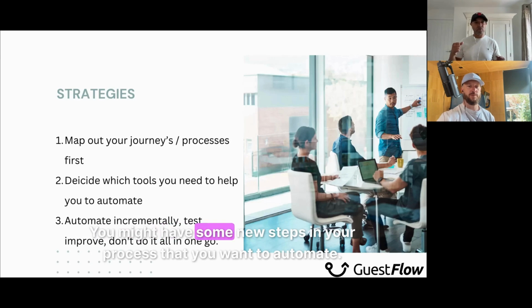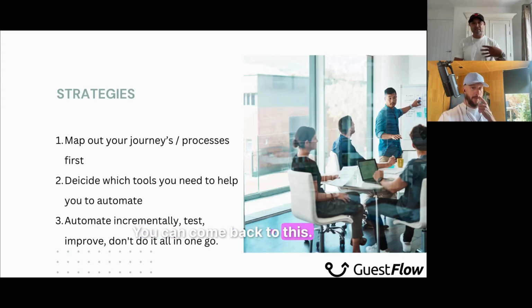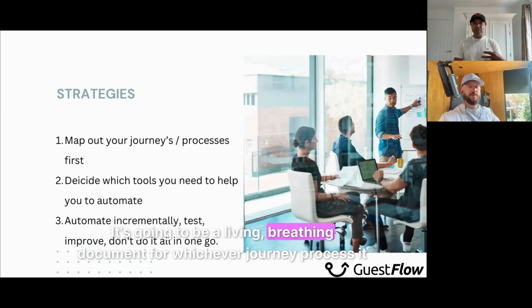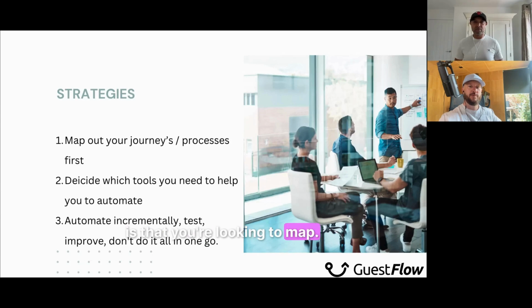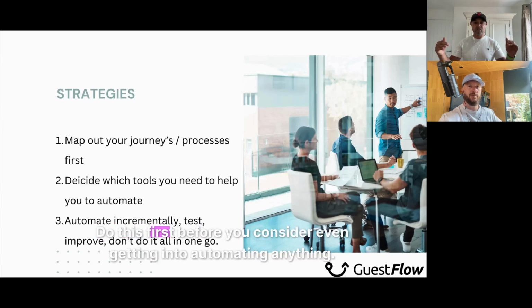You might have some new steps in your process that you want to automate. You can come back to this. It's going to be a living, breathing document for whichever journey process it is that you're looking to map. So certainly do that, and do that first, right? That's the key strategy here. Do this first before you consider even getting into automating anything.